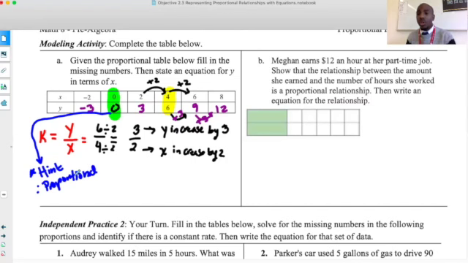You see 0, 0, that's a good hint, it might be proportional. Is it always the case? No, because a table could have 0, 0, but then not have a constant. But if you see 0, 0, and you can identify the constant, then say, yes, this is a proportional relationship.